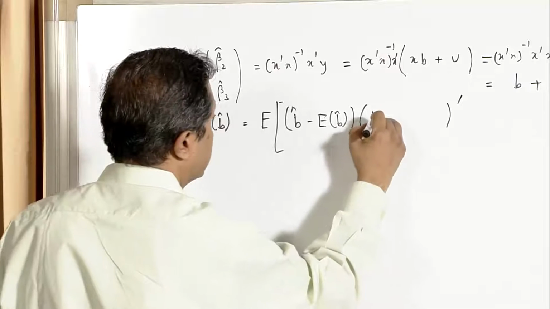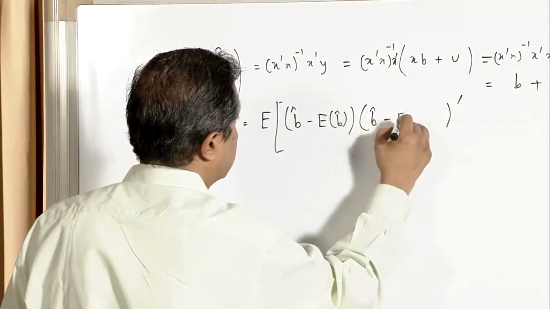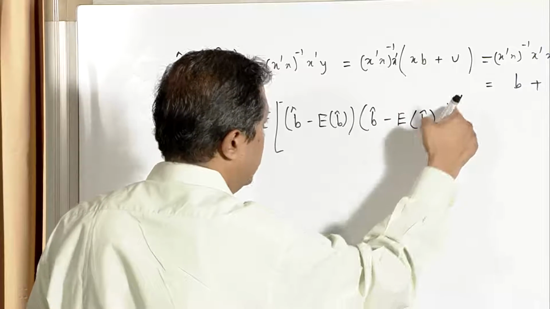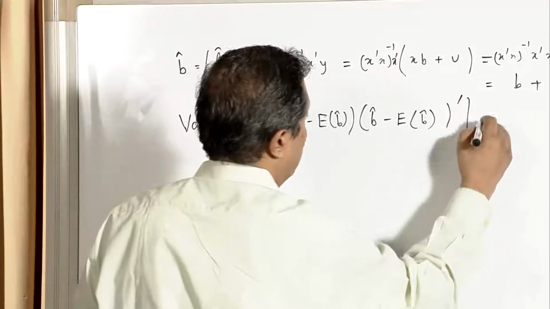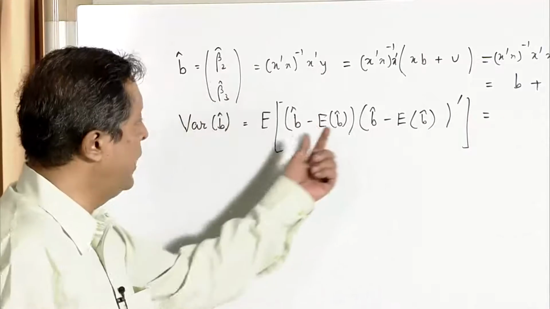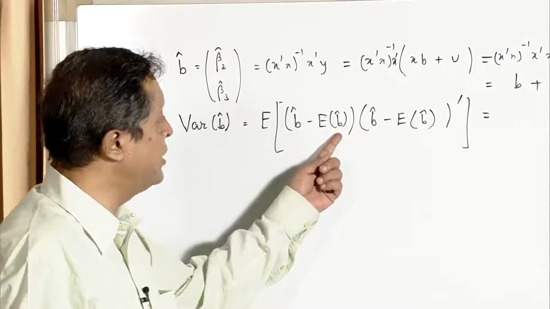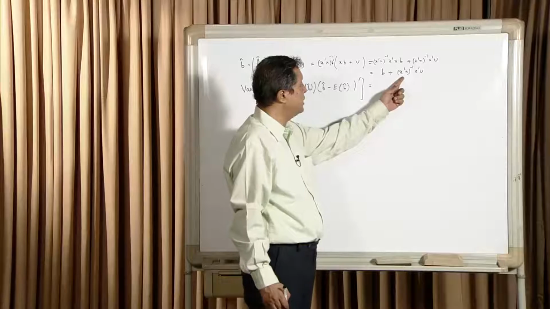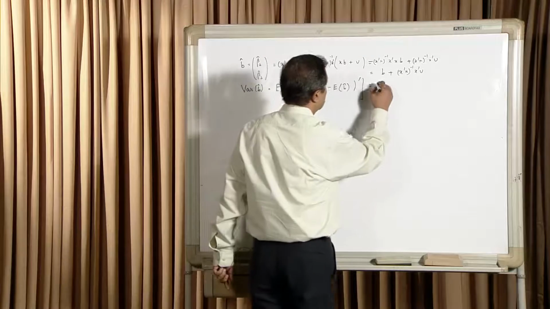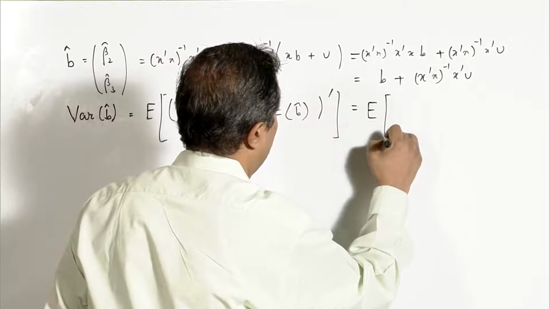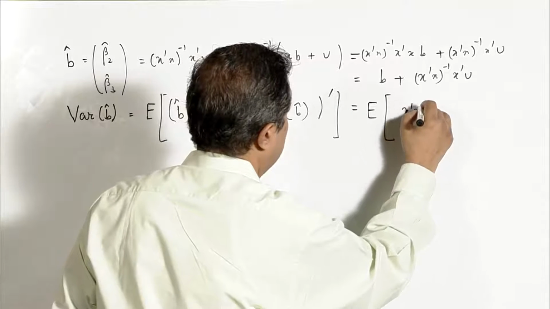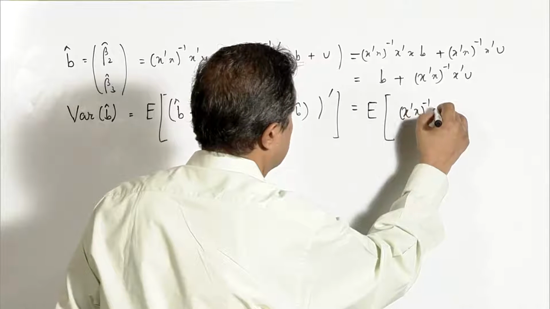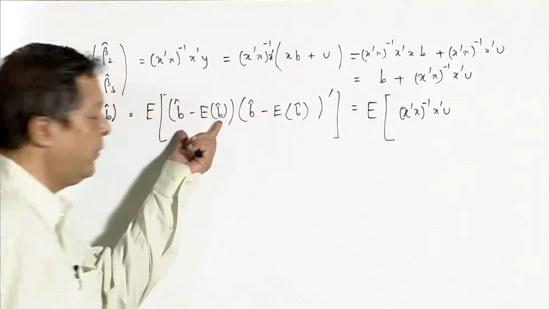If you look carefully, b hat minus expectation b hat means b hat minus b, so the difference is x prime x inverse x prime u. That is the first term.